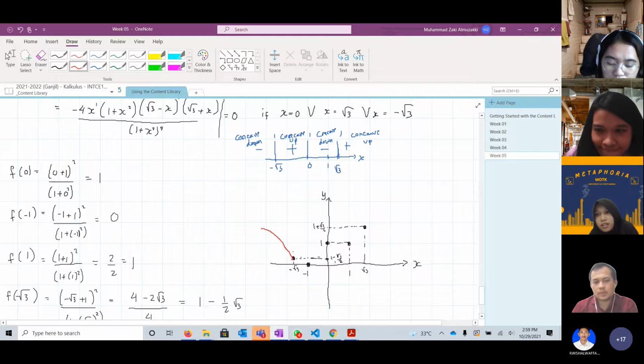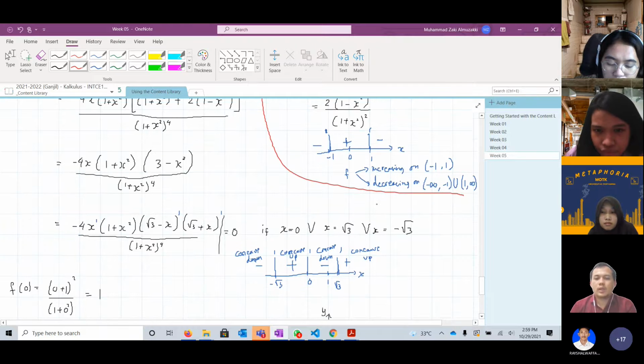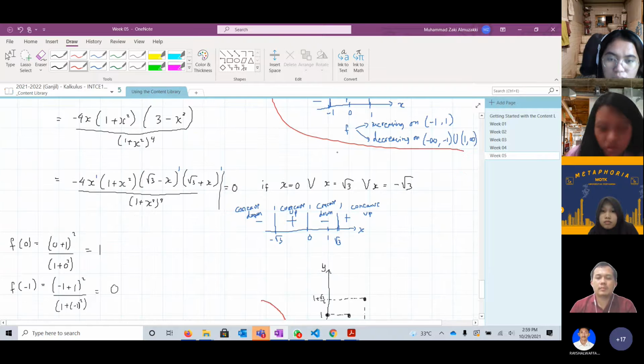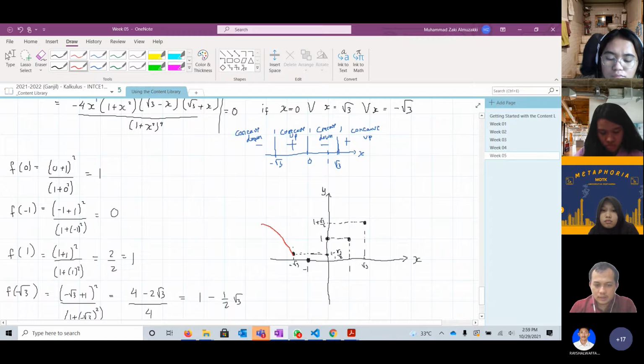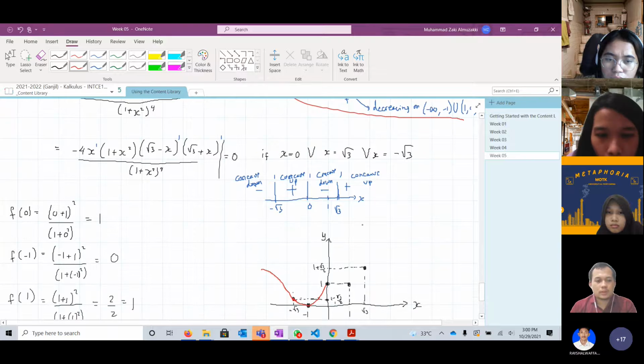Concave down, and here is the point of inflection, and concave up, and at minus 1 we have a minimum. So concave up, now it looks like this. Concave up to that point, up to 0, and then concave down up to minus 3.